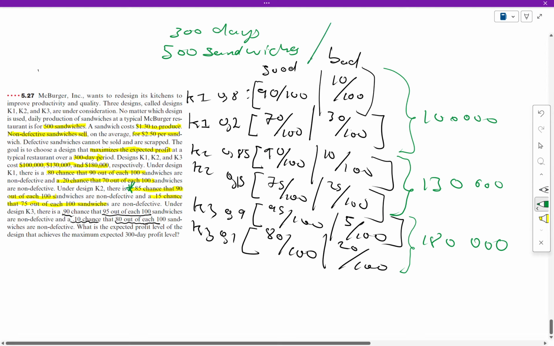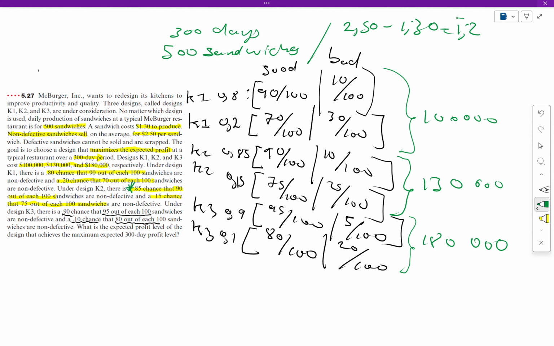And we have also the profit margin. We are selling each, let's say profit for instance, 2.50 minus 1.30 equals 1.20. So for the profit side, this is what you're looking for. And for your cost side, this is what you're looking for.